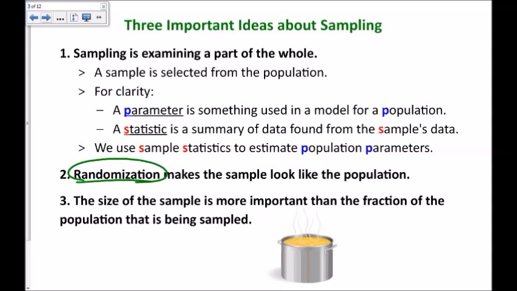If you use a small spoon as opposed to a big spoon, you won't have as good of an indicator of what the soup will taste like. A bigger spoon will give you a better idea of what the soup will taste like, regardless of how big or small the pot of soup is. It's the size of the sample that is most important as we're drawing samples.